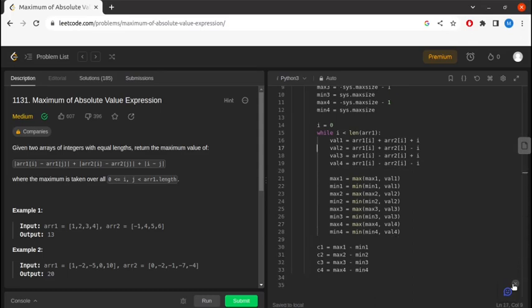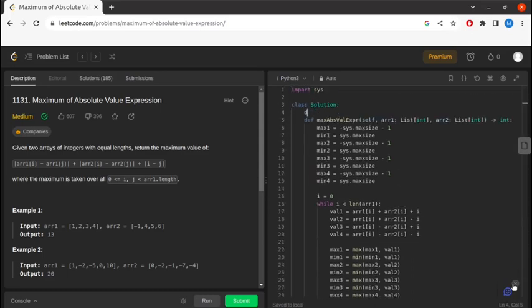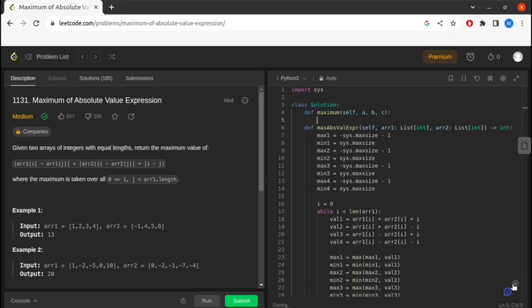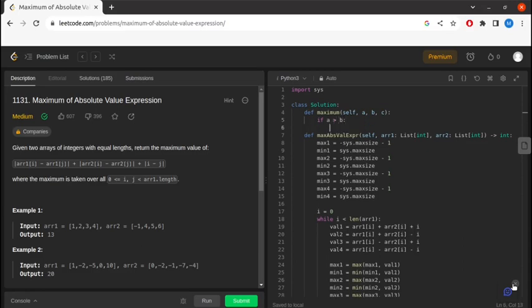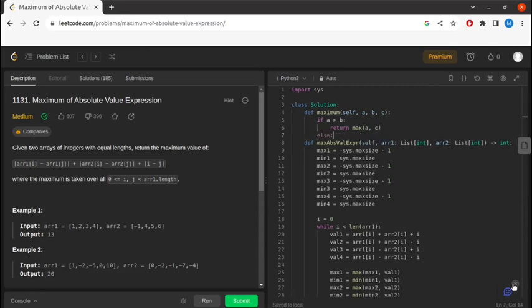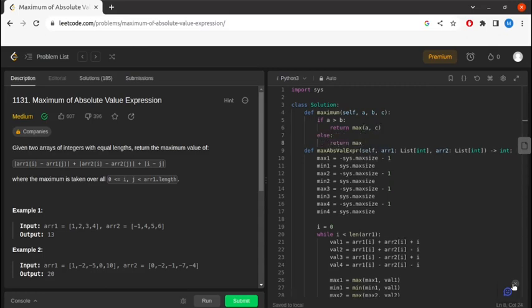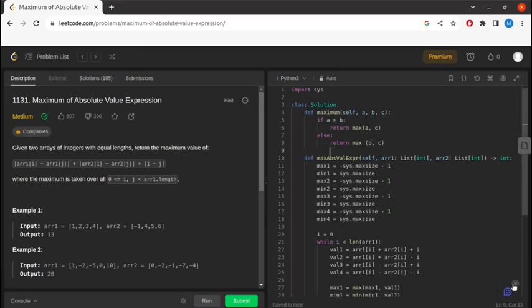Now once we have case 4, we want to find the maximum value. So let us write down a function here to find the maximum between 3 elements. Given a, b, c, let us write the code so that this function gives you the maximum value from the 3 elements. So if a is greater than b, then return max of a comma c, else return max of b comma c, right?